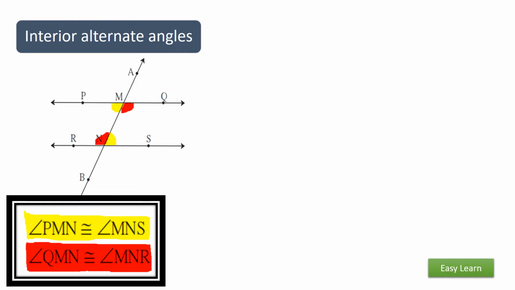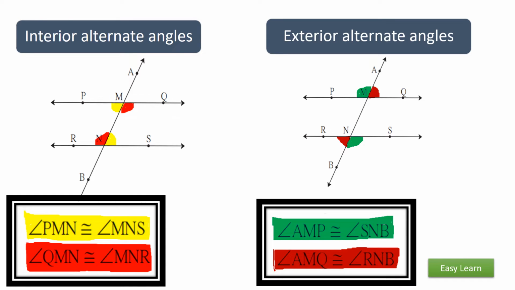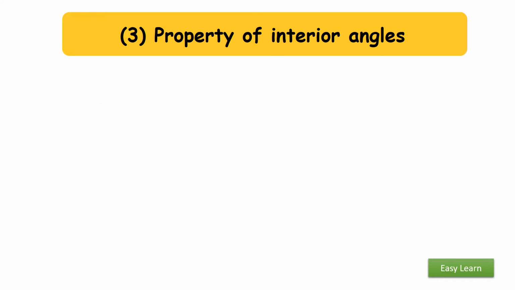In this figure, angle PMN congruent to angle MNS, the one which is shown in yellow, and angle QMN congruent to angle MNR. So these are the pair of interior alternate angles. Exterior alternate angles. In the above figure, angle AMP congruent to angle SNB and angle AMQ congruent to angle RNB.